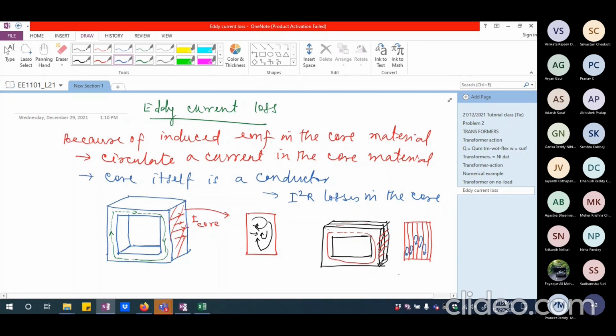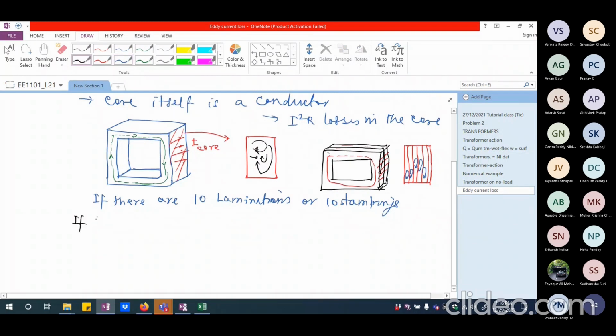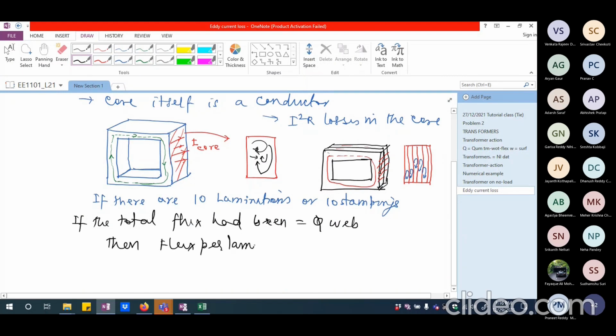So if there are, let us say, 10 laminations instead of one solid core, if this particular core is made up of 10 laminations or 10 stampings, then what is going to happen is, if the total flux had been phi Weber, then the flux per lamination will be phi divided by 10.